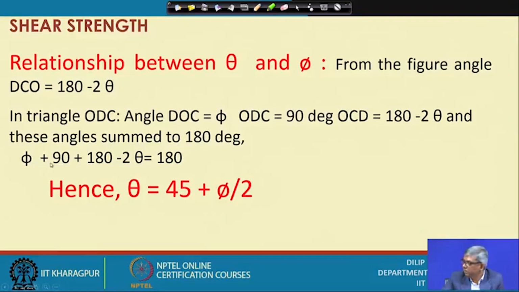So, phi plus 90 plus 180 minus 2 theta is equal to 180. If you simplify this, you will see theta equals 45 degrees plus phi by 2.